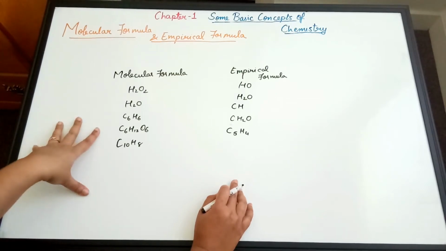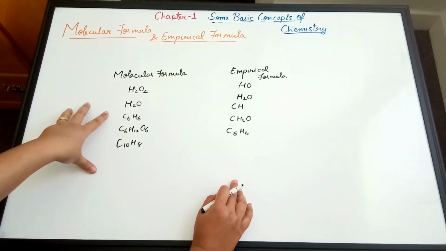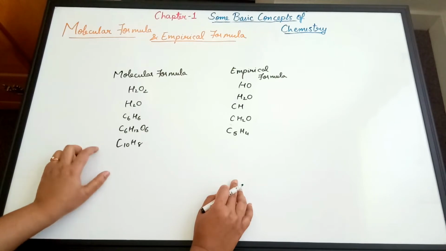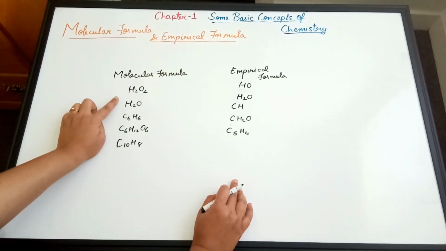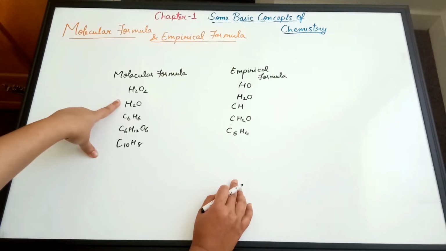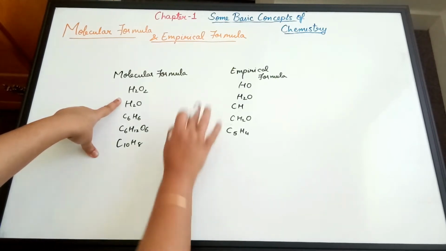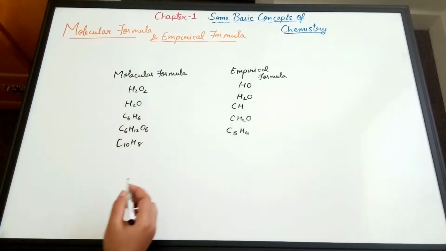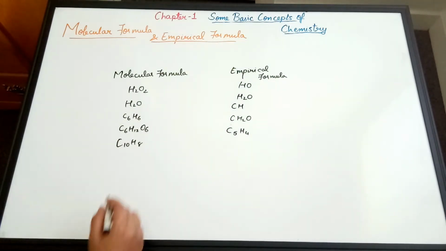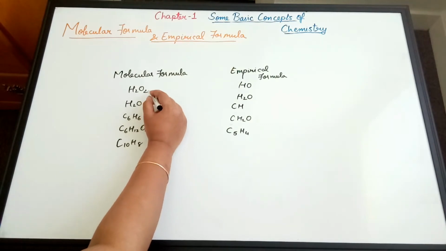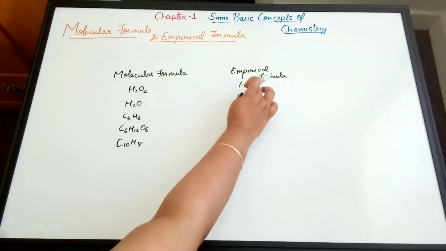Now, in all of these cases, the molecular formula gives us the number of atoms. Exactly how many atoms are present is given by the molecular formula. Whereas the empirical formula gives us the simplest whole number ratio of the various elements present in the molecule. So here, if you divide H2O2 by 2, it becomes HO.